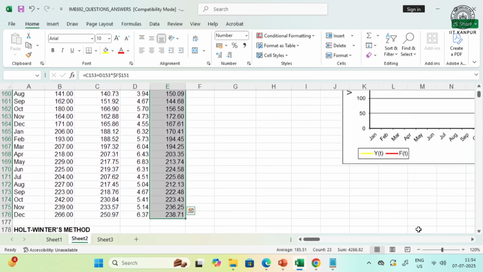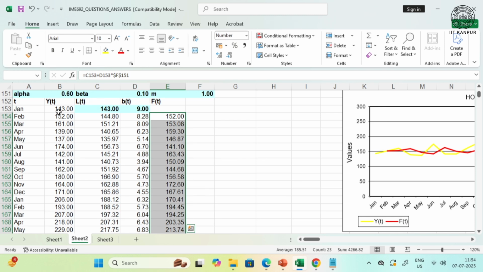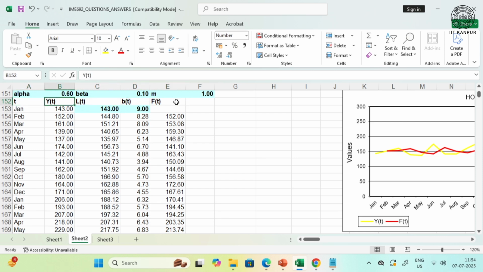Now, just for information, let us plot the values. I will be utilizing the B column values and the E column values. The month is given. I will take everything and then delete the corresponding irrelevant set of data, such that we are only able to highlight YT and FT, and then you have to find out the error.